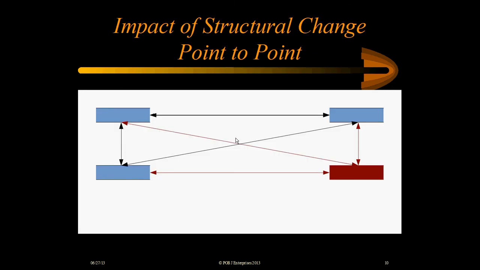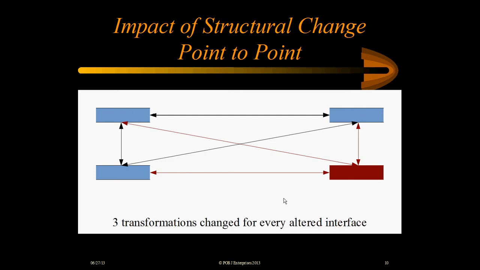So let's see what happens when a structural change occurs in a point-to-point set of interfaces. So down here on the bottom right, let's say that that interface changes. Well, we can clearly see we've got to go and look at 3 impacted transformations.